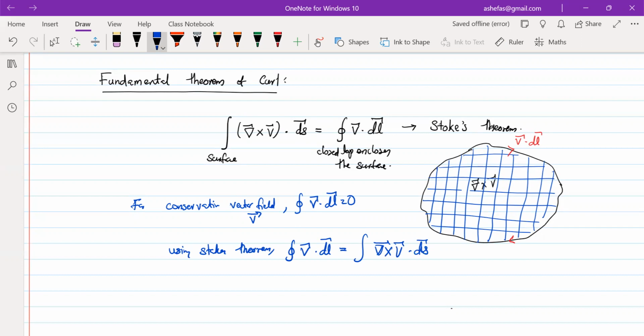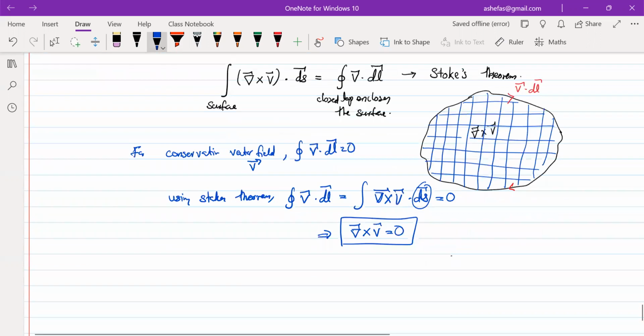If the closed integral of V dot dl is 0, then the surface integral of del cross V should also be 0. But the area integral cannot be 0. So this implies that del cross V must be 0. So this is another criterion to check whether your vector field is conservative or not.